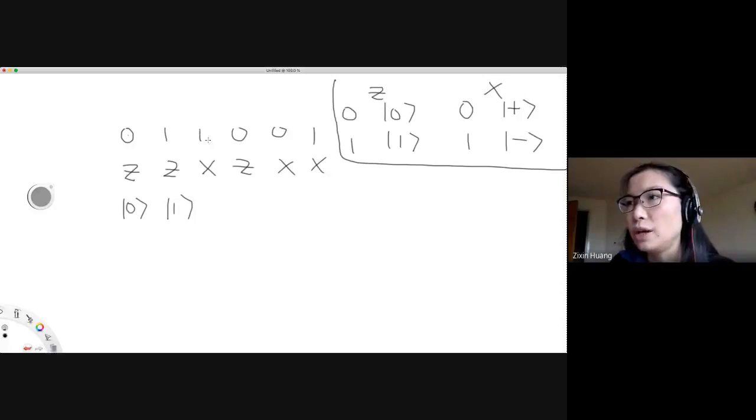Now she sees a 1 and there is an X, so she'll choose a state minus. Now there's a 0 and a Z, so this is just a 0, and this is a plus, and this is a minus.